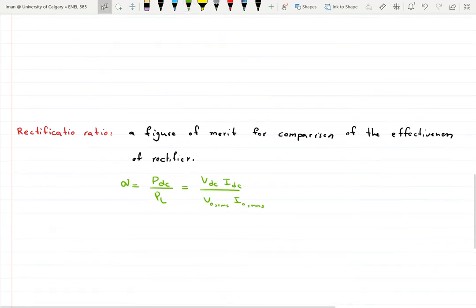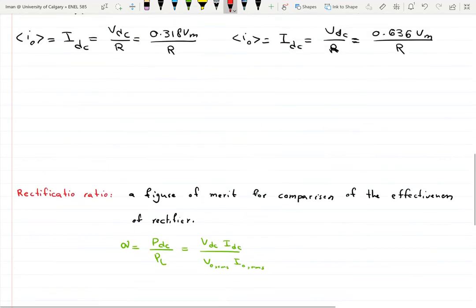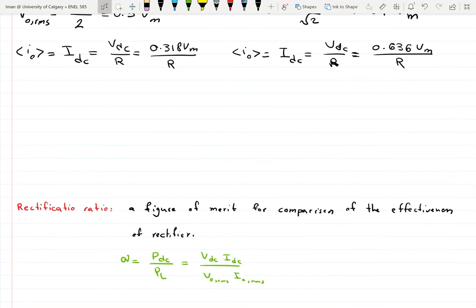Okay, so let's find this for half wave. For half wave it would be PDC over PDC IDC over V out RMS I out RMS.